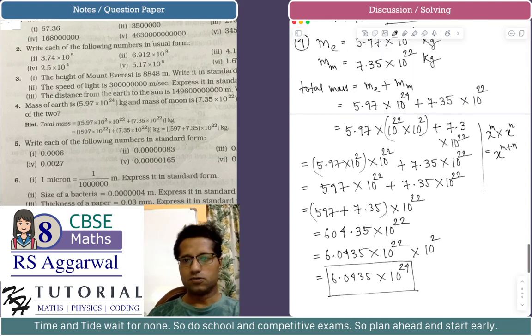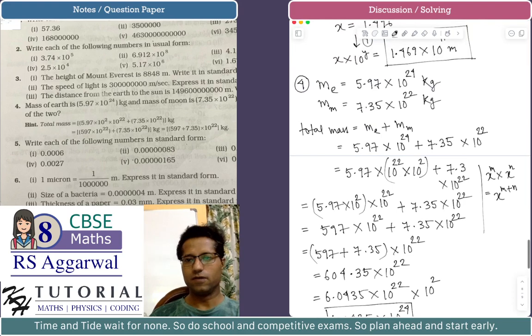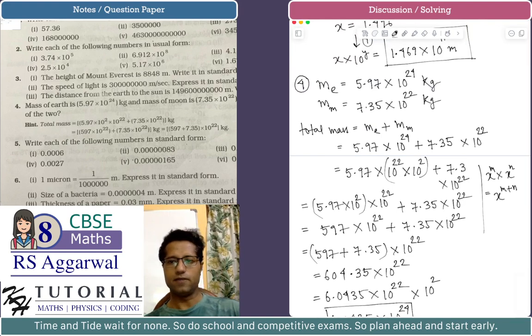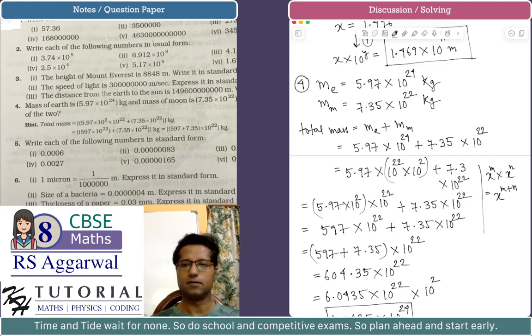I hope you understood the concept. From the two given masses, I have taken 10 to the power 22 as a common factor. The common factor will be the least power of 10. In this problem, the powers of 10 are 10 to the power 24 and 10 to the power 22. 22 is less, so I will take 10 to the power 22 as common factor.